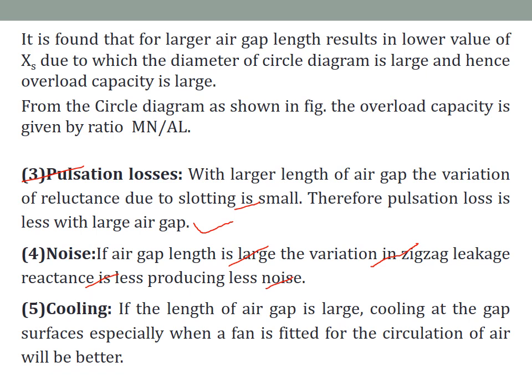Otherwise, if the air gap length is small, the variation of zigzag leakage reactance is more, and you may find higher noise. Now coming to cooling. If the air gap length is large, cooling at the gap surfaces, especially when a fan is fitted for the circulation of air, is better. Cooling air passes through the air gap, through which heat is extracted.